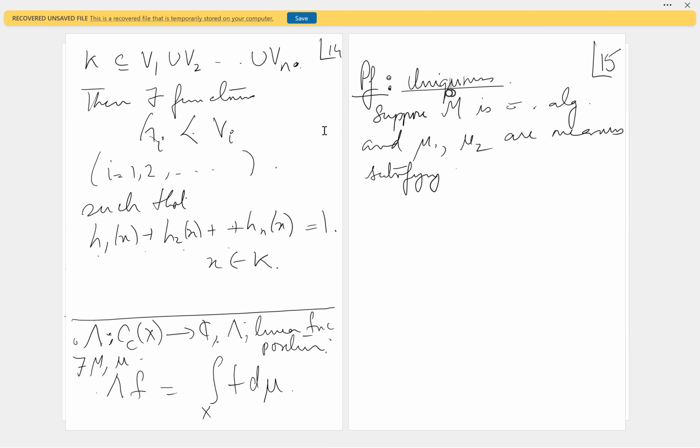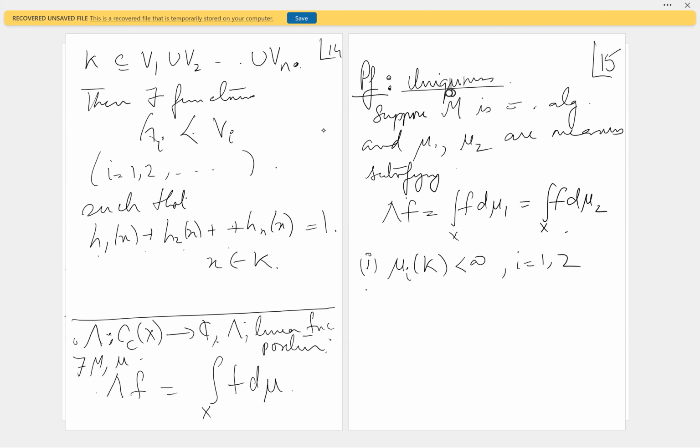What are the conditions? The finiteness property, then the regularity properties.